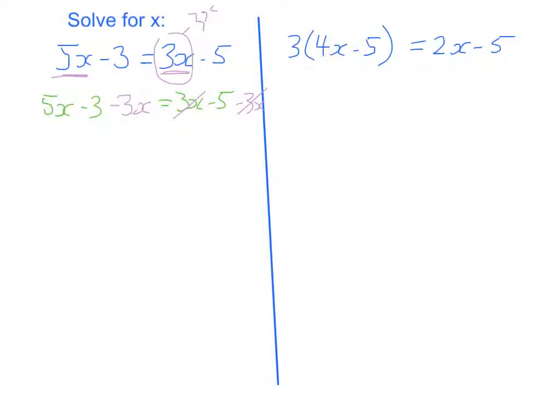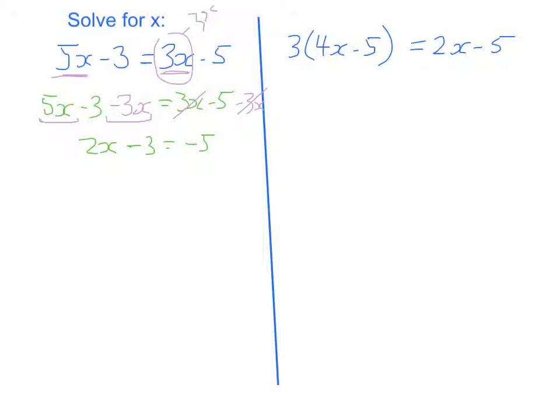On the left hand side we've got our like terms that we need to collect, so we've got 5x take away 3x. 5x take away 3x is 2x, and then we're left with take away 3 on the left hand side equals, and we have take away 5 on the right hand side, treated as a negative 5.